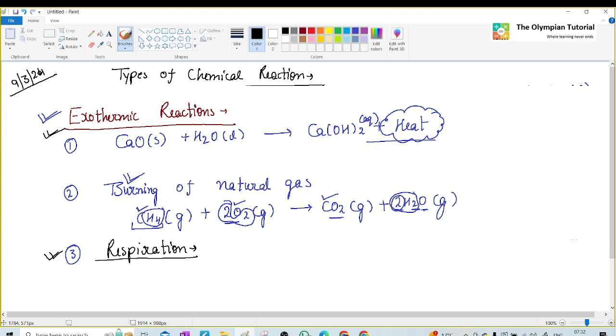After that, these carbohydrates are broken down to form glucose.